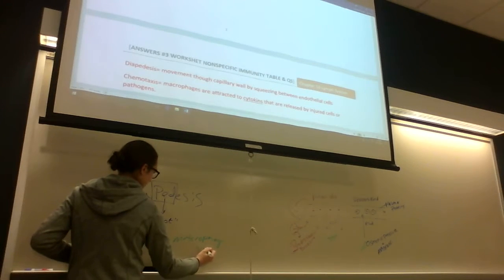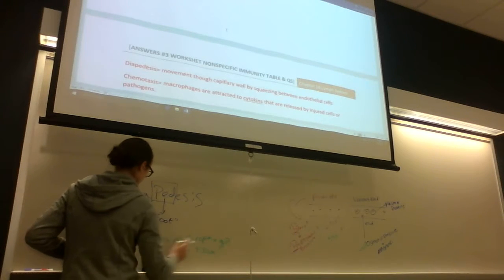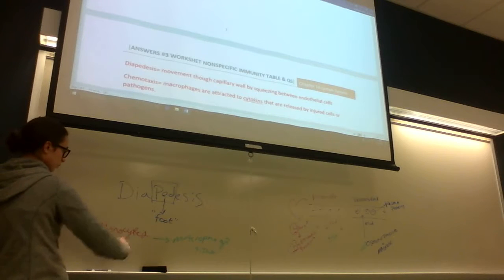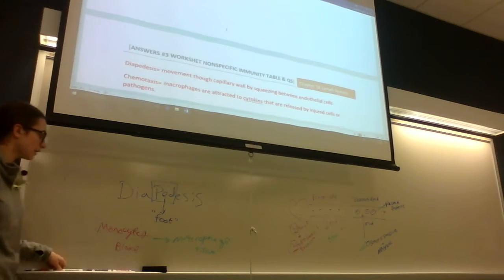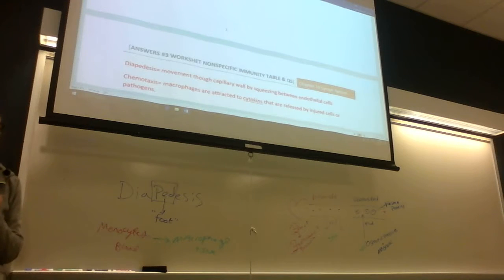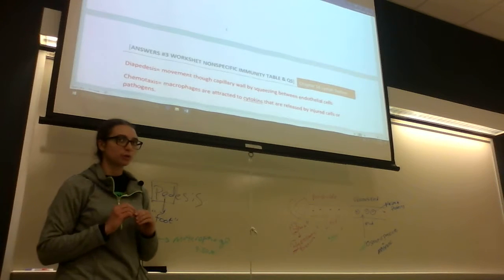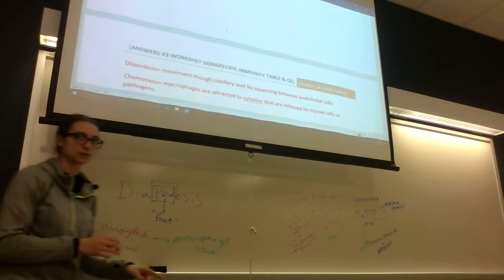This is in your tissue. Monocytes are in your blood. So diapedesis is basically the ability of monocytes to step through the blood vessel and get into the tissue.